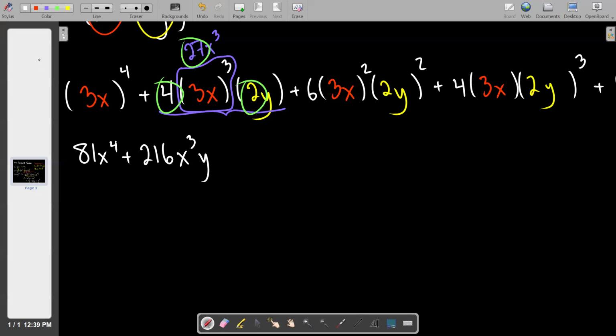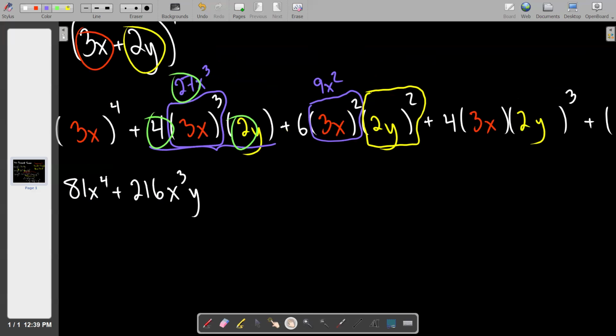Next one, again, we've got some localized cleanup to do. First priority is to do the purple box, but we also have to do the yellow box. So what is the answer to the purple box? 9x squared. Very good. And what's going to be the answer to the yellow box? 4y squared.